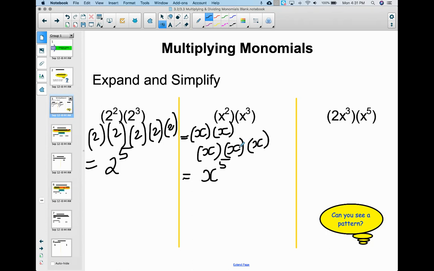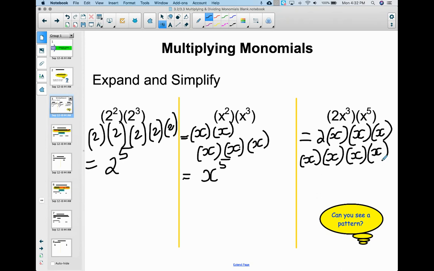And in this case, we have 2x cubed times x to the power of 5. The 2 stays, and x cubed can be expanded to x times x times x, and x to the power of 5 can be expanded to x times x times x times x times x.